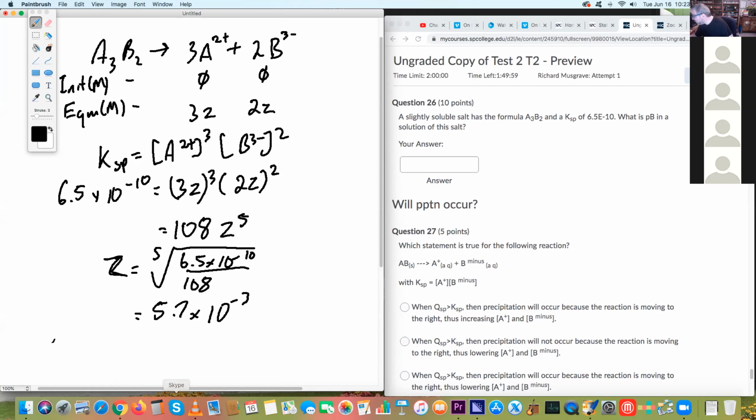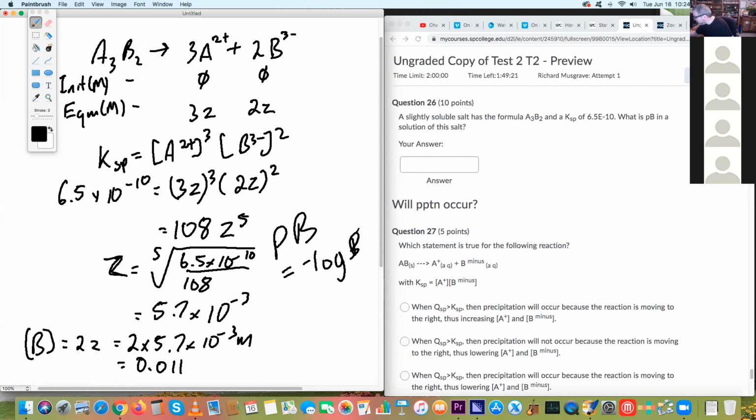Now you have to remember that the concentration of B is equal to 2Z. That's a step that most people forget, I think, which is going to be 2 times 5.7 times 10 to the negative 3. We get 0.0114 or 0.011. And then we can get pB, which is the negative log of that.